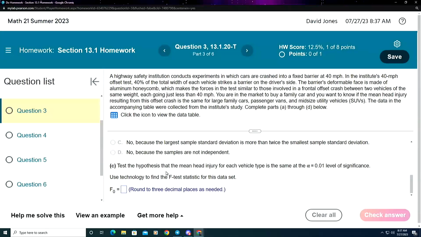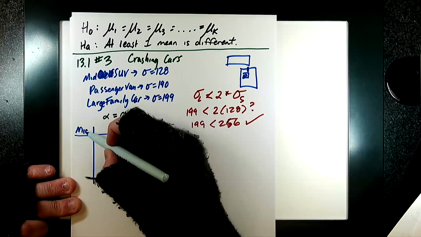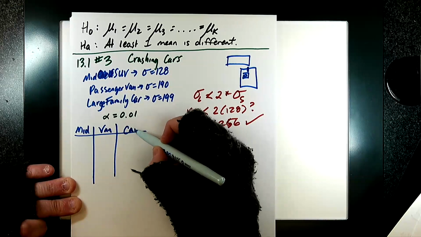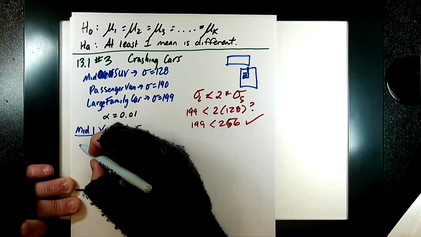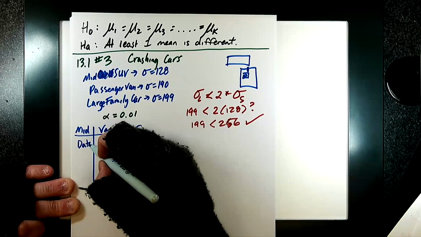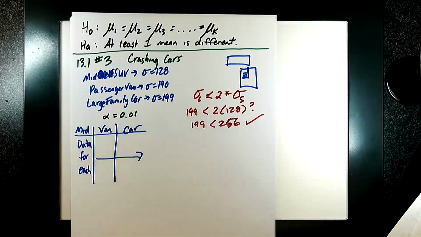I'm going to draw something on the paper real quick. Something that you will see, like if it's on the final, we'll have the mid, we'll have the van, we'll have the car, and you will see the entries. Data for each listed here. So you'll see a table of numbers, but there's not going to be row headers.